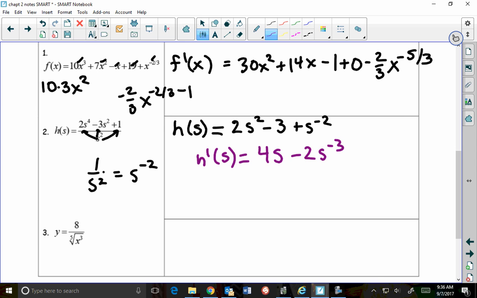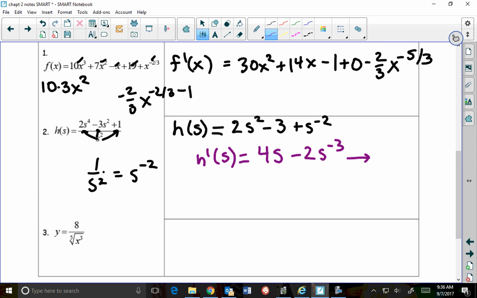Because we bring this down in front and then subtract 1. Now, on a multiple choice test, you may have to match it to the original format. The original format didn't have negative exponents. It had poly over poly, a rational expression, right? So could you now get this back to a poly over a poly? If it's a free response, you're done.